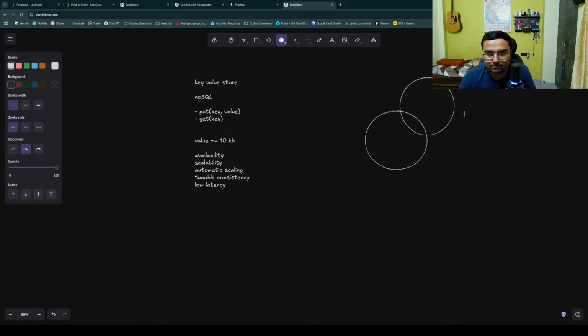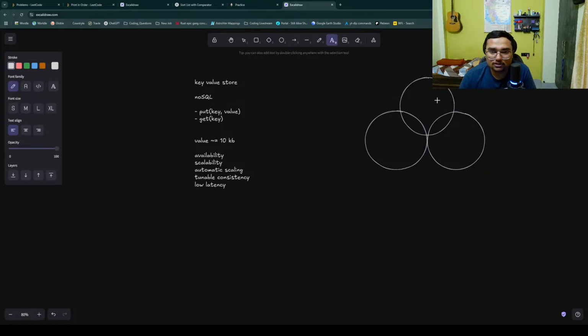So we only have two circles intersecting at a point of time, like this. And these three circles are: this is consistency, this is availability, and this is partition tolerance.